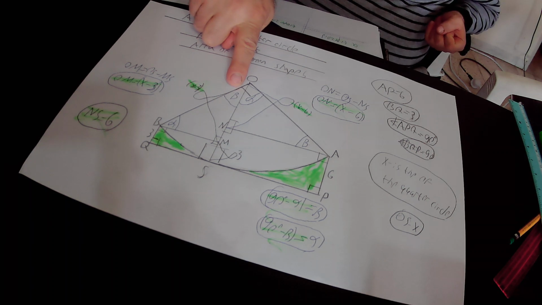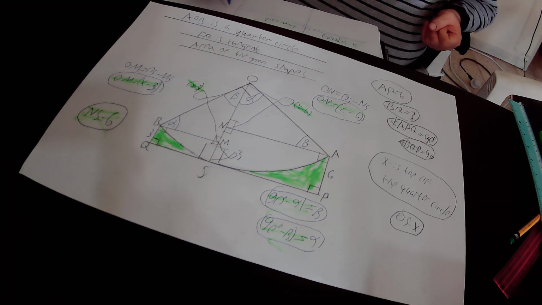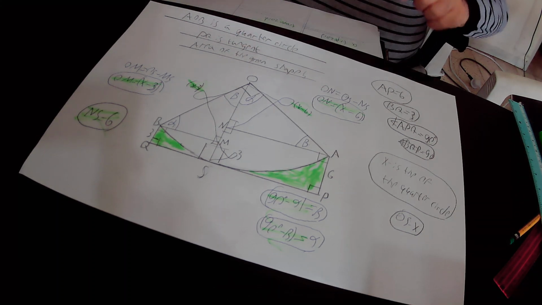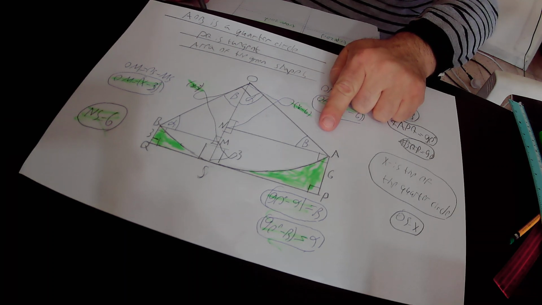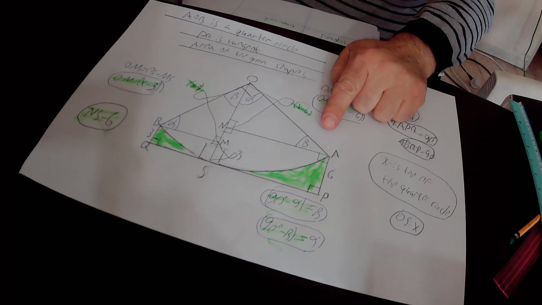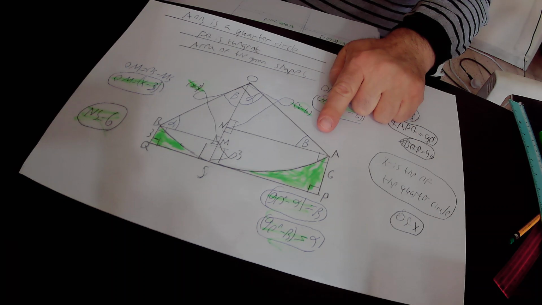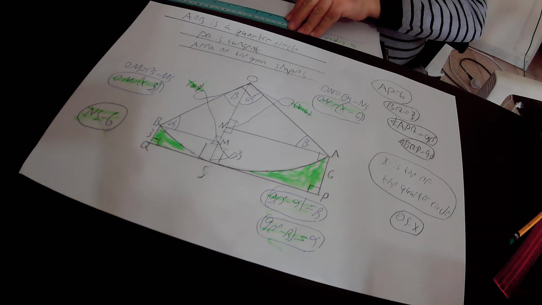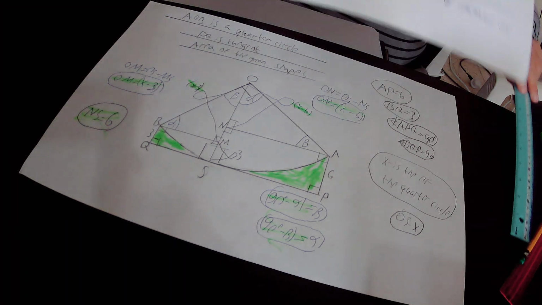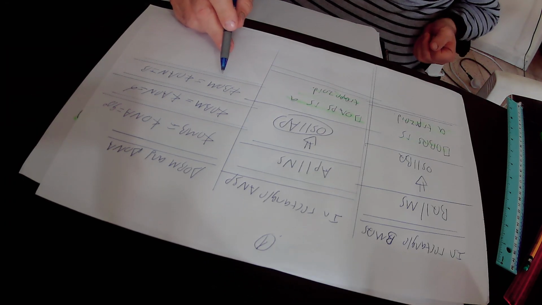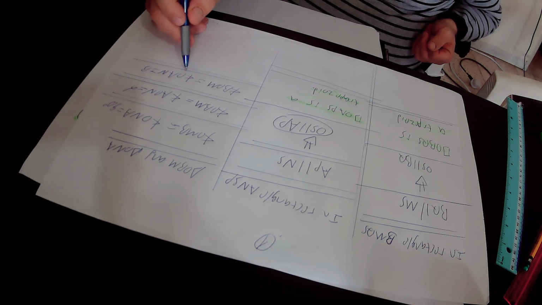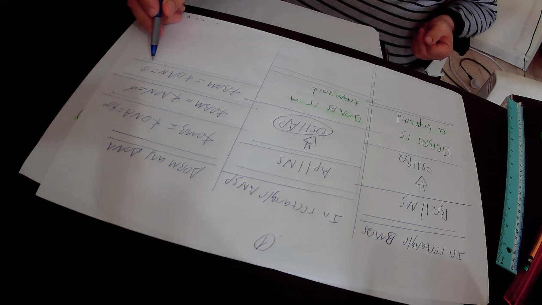So this is angle BOM in the right triangle OBM, and it is equal to this angle, angle OAN in the right triangle ONA. They are both equal to beta.